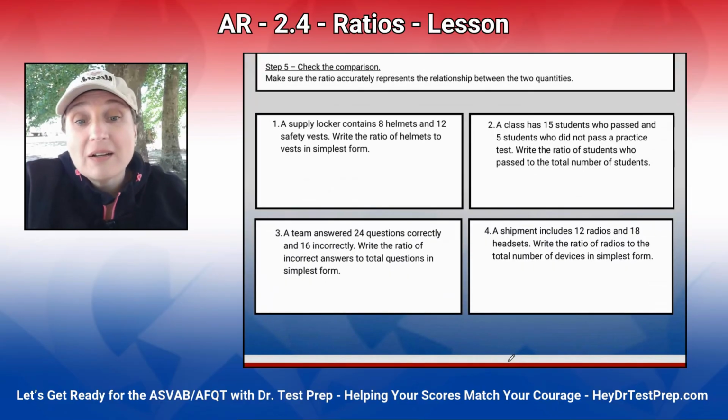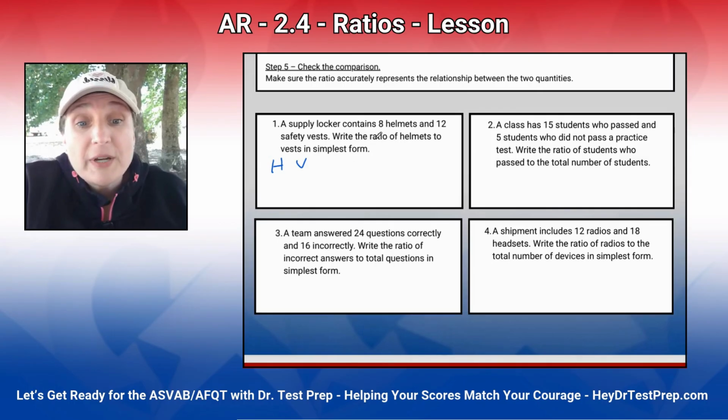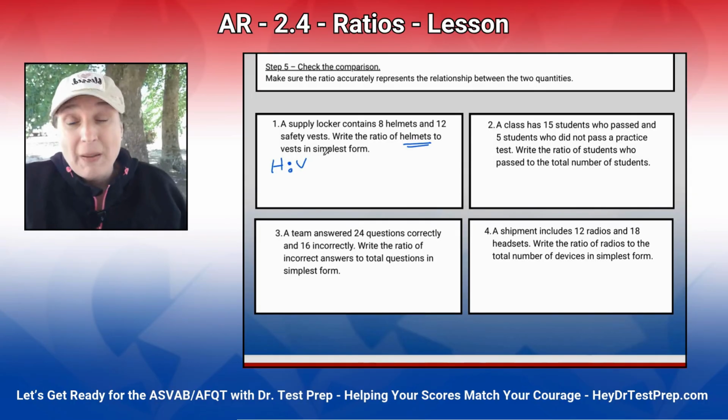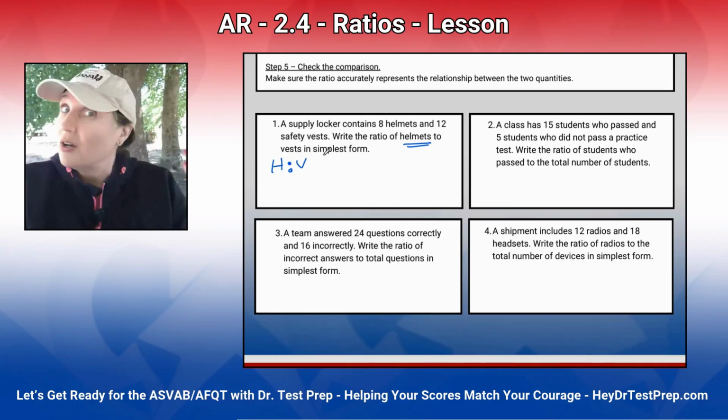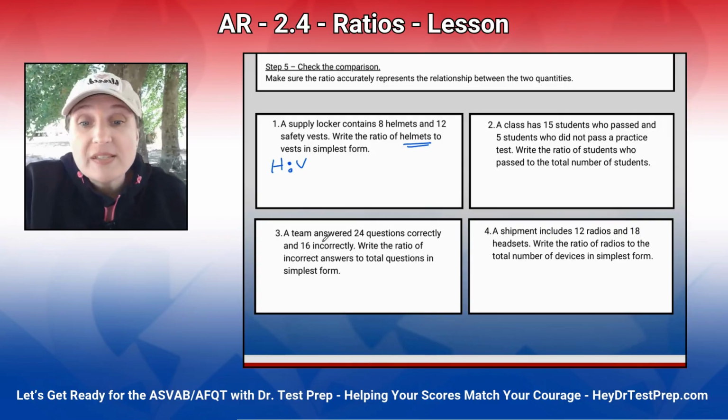A supply locker contains helmets and safety vests. We want to write the ratio of helmets to vests. So in this case, we are doing H:V, because we're not doing helmets to all the safety equipment. We're doing helmets to vests. So in this case, we get 8:12.